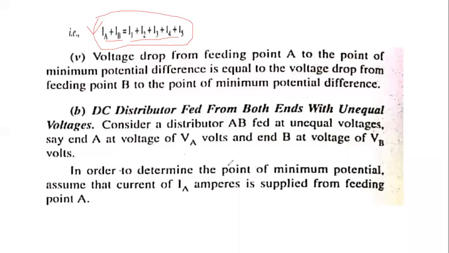In order to determine the point of minimum potential, assume that a current of IA amperes is supplied from the feeding point A.